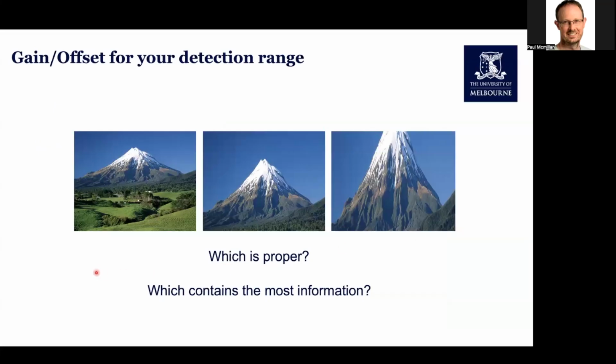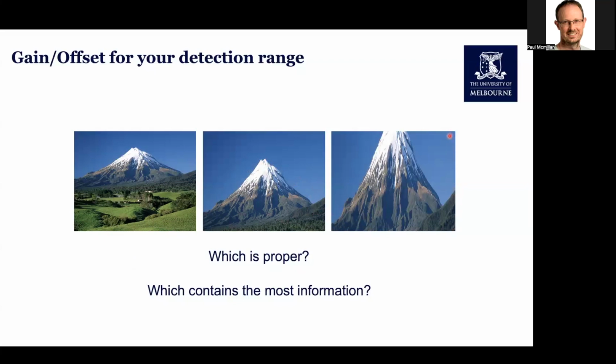The other thing that we need to look at is how we're acquiring the data, to make sure that we're not creating problems for ourselves when we come to analyze. So if we wanted to take a representative image of this mountain to show how high it is, which of the 3 images do you think gives you the most information? Is it the one that's got the foreground in here? Is it the one that's zoomed in just on the mountain?